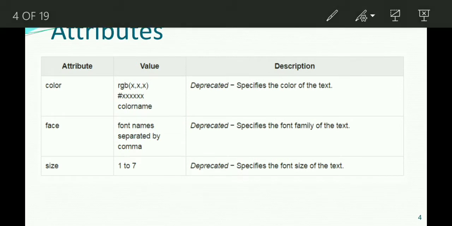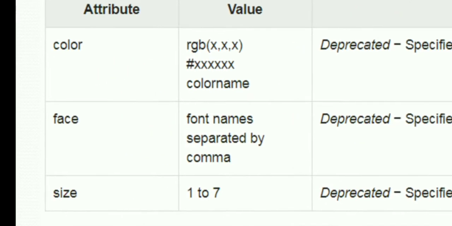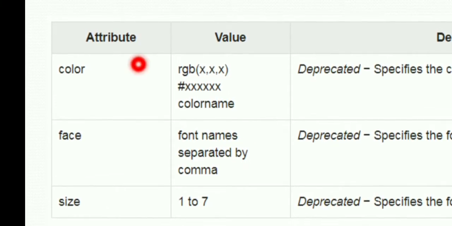Let's see the different attributes of the base font tag. There are three attributes which we can set in the base font tag. First one is the color, second one is the face, third one is the size. Color attribute is used to define the color of the text. You can give the values in three ways: in RGB format, in hexadecimal form, or by directly specifying the color name.